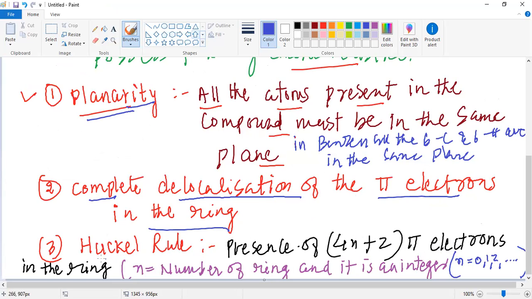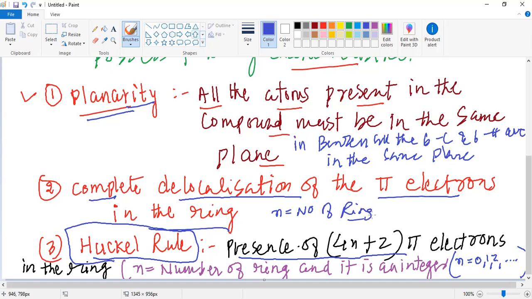And then, my dear students, the third requirement is known as the Huckel rule. According to the Huckel rule, there must be the presence of 4n plus 2 pi electrons. What is n? n is equal to the number of rings.